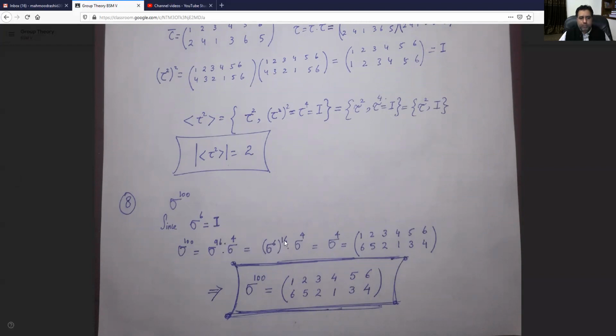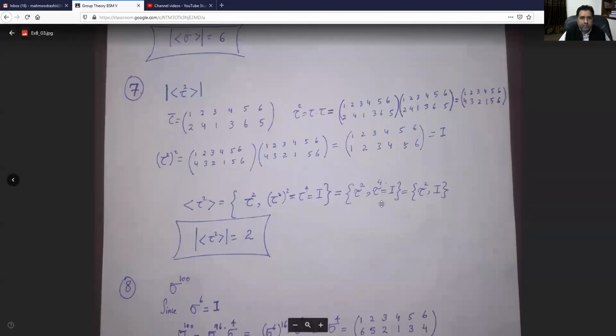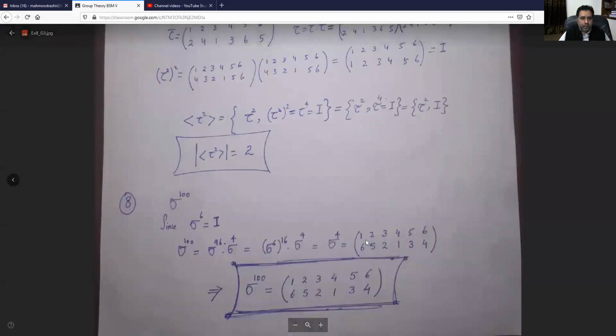Identity raised to the power 16 gives you again the identity permutation. So what is left is only sigma 4. This is the same situation, and sigma 4 you can see from here, this is sigma 4. So just write here sigma 4. So sigma 100 is actually sigma 4, which is equal to this.